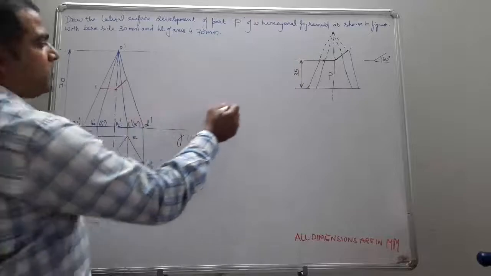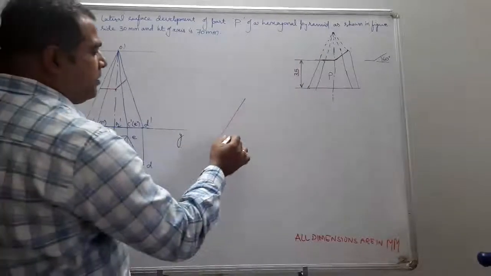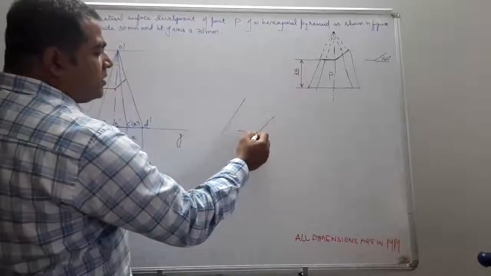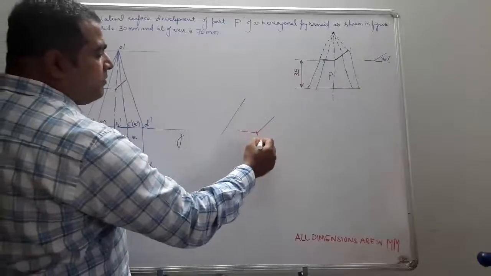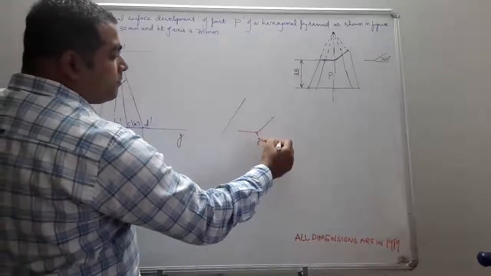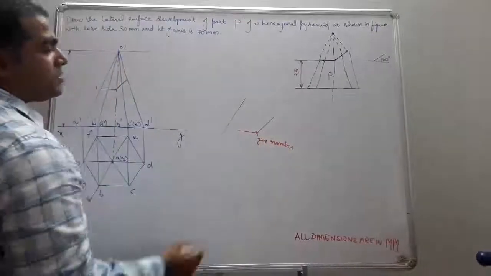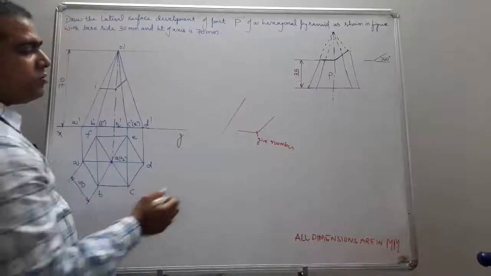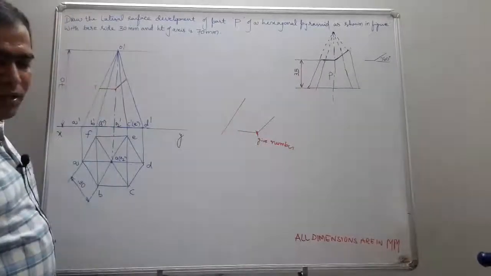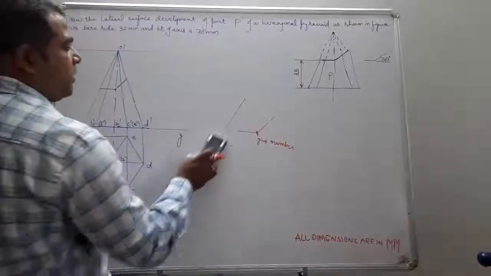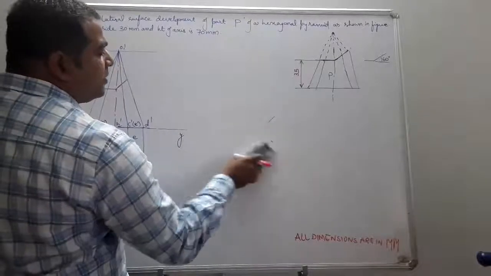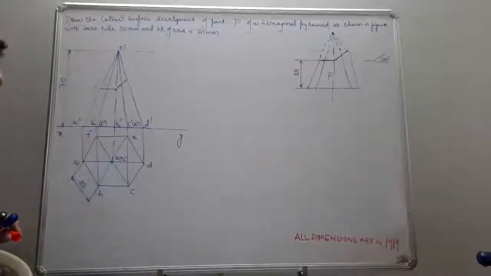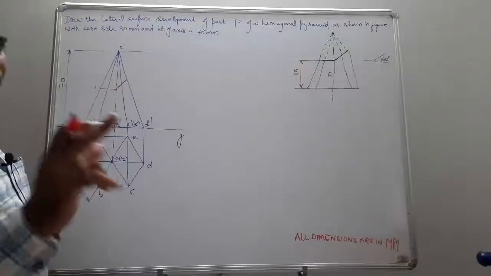If your cutting plane is going like this, there is no problem. If your cutting plane goes like this and then goes like this, this was the change of direction. When the change of direction takes place, give a number for it. Students, when your cutting plane changes its direction and moves another way, just take that point and give it a number. So just remember that whenever your cutting plane changes its direction at a particular point, you consider that point also and give the number.